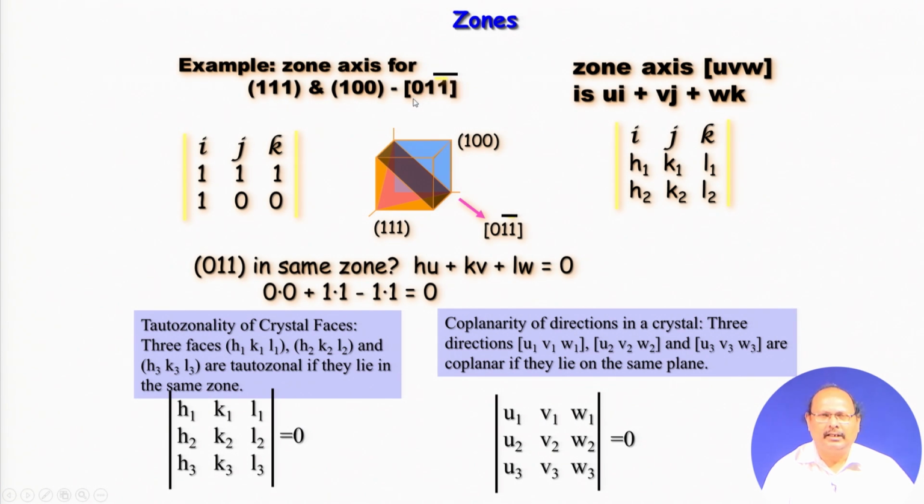So, minus 1 will be shown by this bar symbol here. So, the direction, or the zone axis, has a symbol of 0 1 bar 1, and this particular line has a coordinate along this line. Everywhere your A intercept is 0.